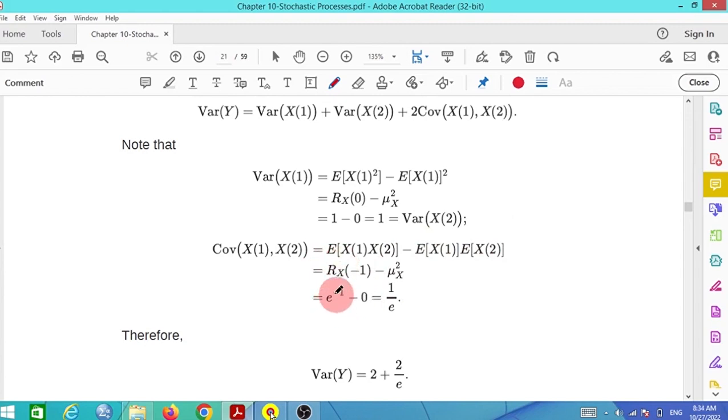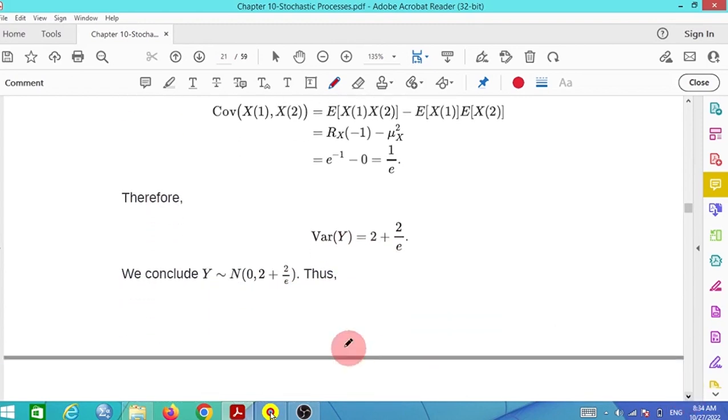This is e to the power minus 1. This covariance is this. So the variance of Y equals 2 plus 2 over e. So Y is normal with mean 0 and this variance.